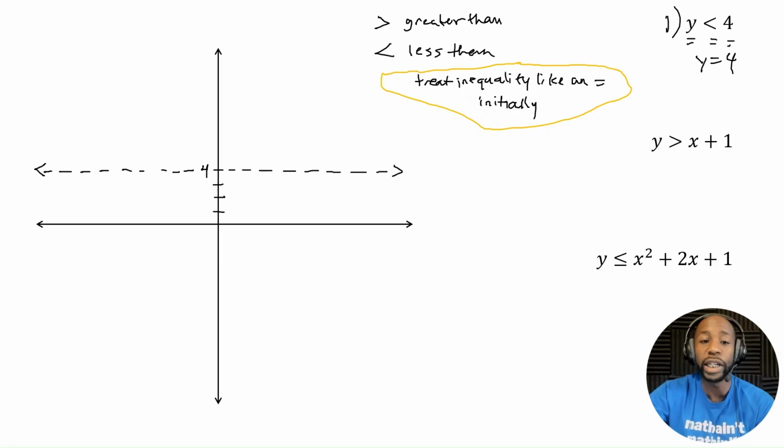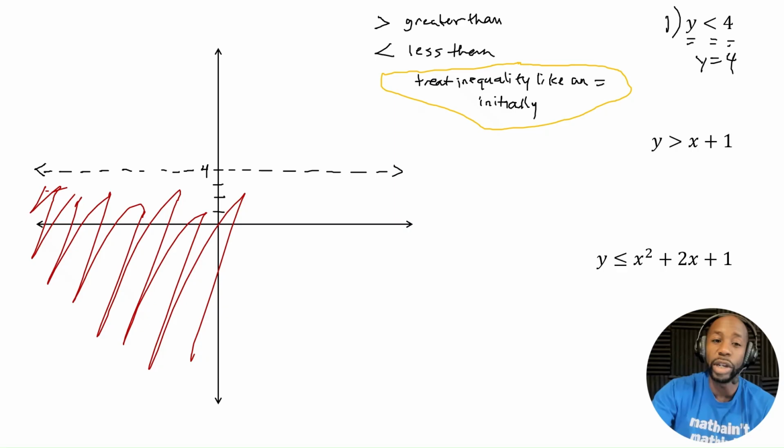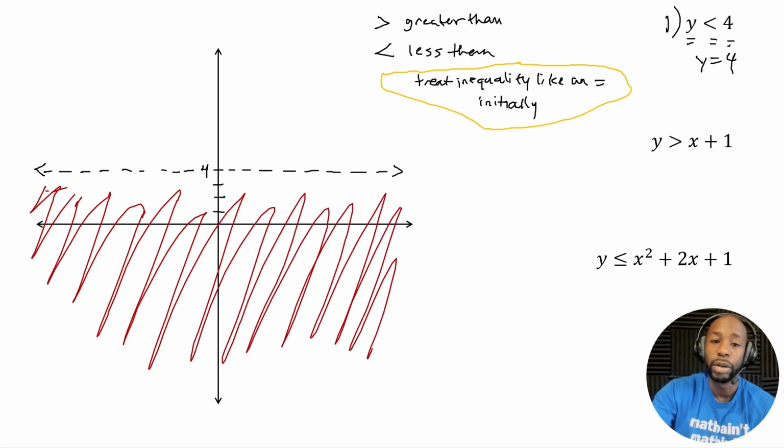Okay, so literally all that is talking about values of y that are less than 4, which means anything underneath the line qualifies, because we're talking about y less than that line y equals 4. So that's all values underneath that line. Okay? All right, cool.